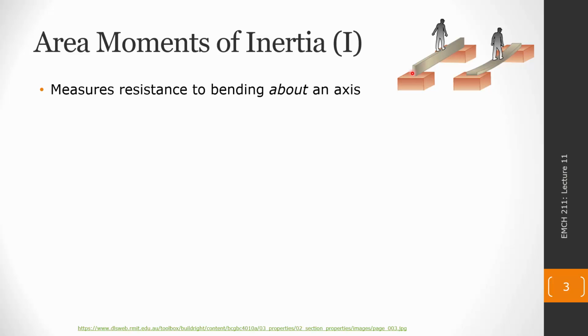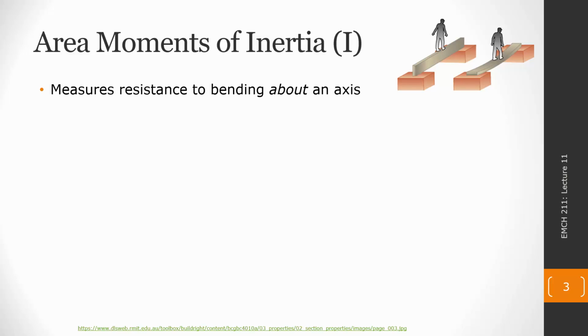Again, the larger dimension is along the same axis that we're applying the load in the left picture, but in the right picture, the shorter dimension is parallel to the direction that we're applying that same load. So we can think of it as the resistance to bending, at least for the same material, for the same loading.